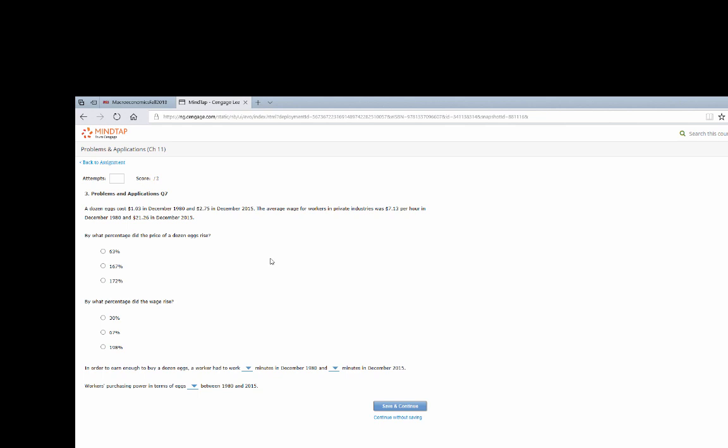And then it says the average wage for workers in private industry was $7.13 per hour in December 1980 and $21.26 in December 2015. So you're given two separate pieces of information.